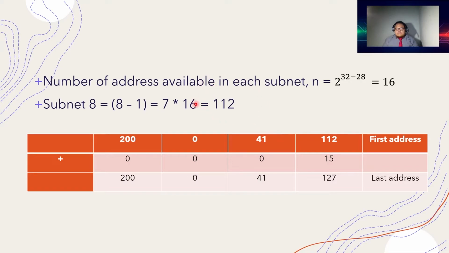The 112 we are going to insert into the fourth byte as our first address, which is 200.0.41.112, and the wildcard that we are using is still the same, 0.0.0.15. The last address that we get from this addition is 200.0.41.127.